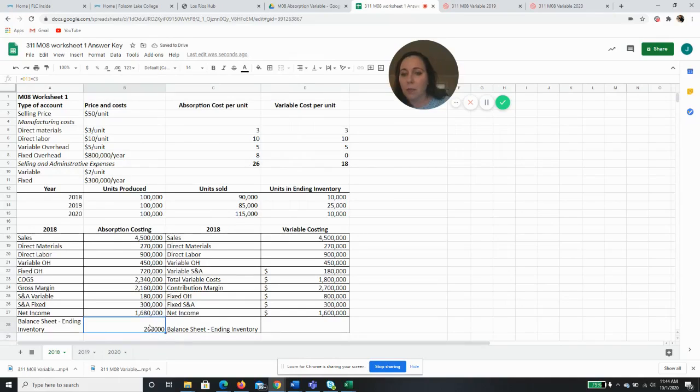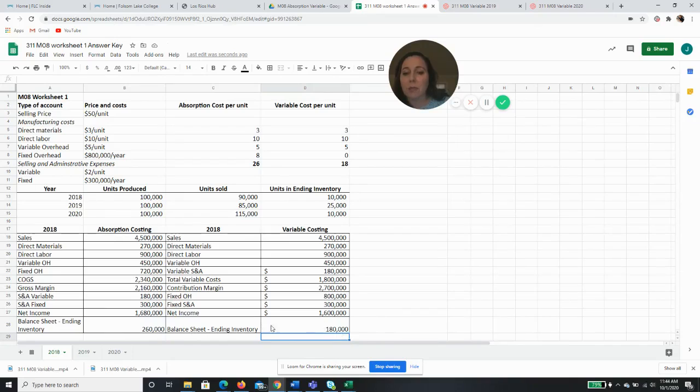So we end up with $260,000 in ending inventory. Under variable costing, we're going to multiply our ending inventory of 10,000 times our variable product cost per unit of 18, and we're going to get $180,000.